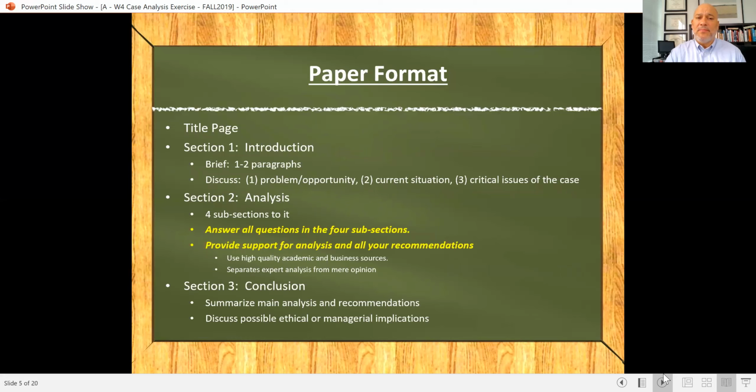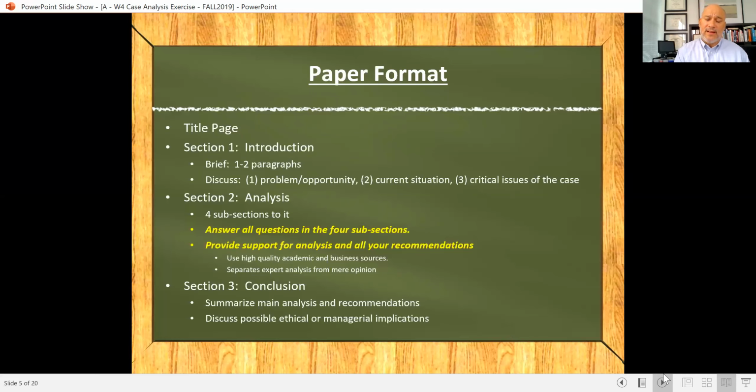The paper has 3 basic sections to it. After your title page, you're going to have the first section where you're going to offer an introduction, just 1 or 2 paragraphs there talking about the problem in the article, the current situation, and the critical issues of the case. Again, all of that can come straight from the article. In section 2, you're going to do an analysis that will have 4 subsections. You'll answer all of the questions in those subsections and provide support and analysis for all of your recommendations.